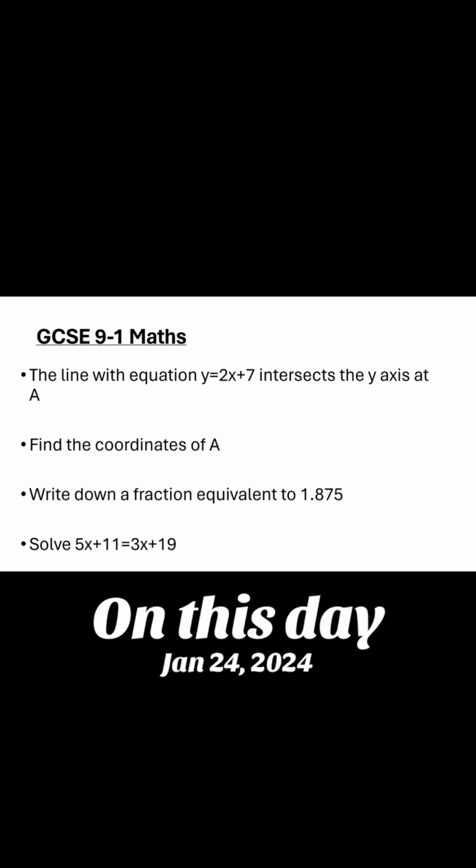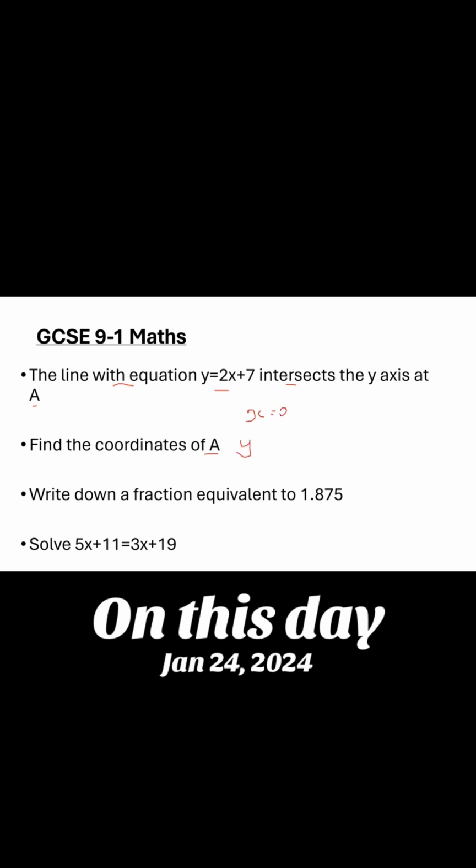So the first question says, the line with equation y equals 2x plus 7 intersects the y-axis at point A. Find the coordinates of A. So the y-axis is when x is equal to 0, so I'm going to sub in x is 0 into my equation.